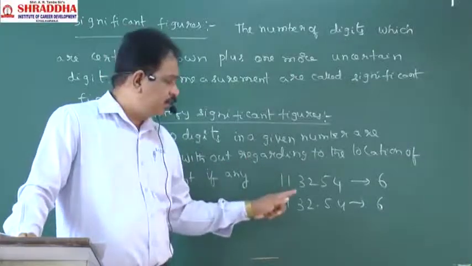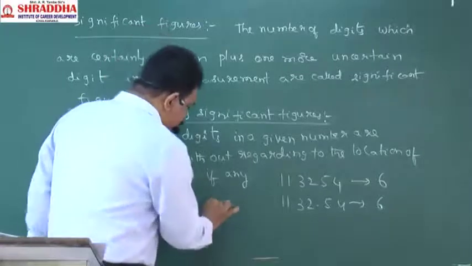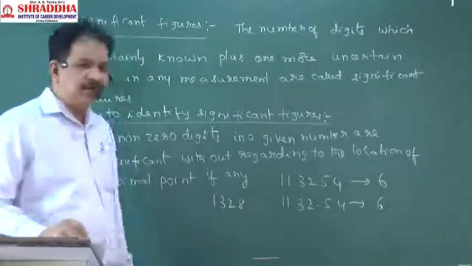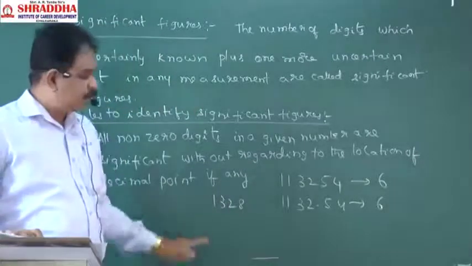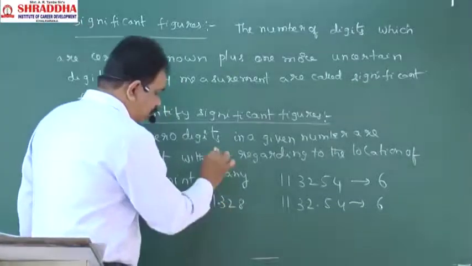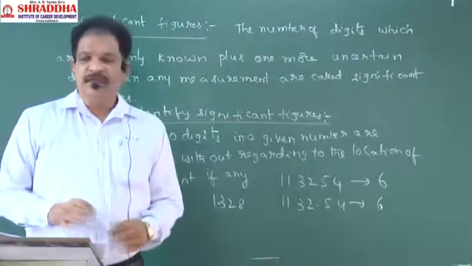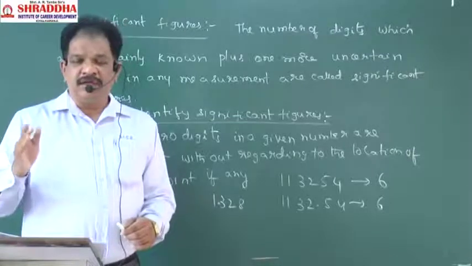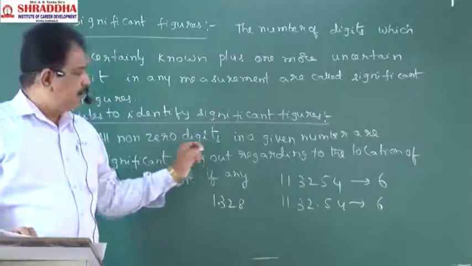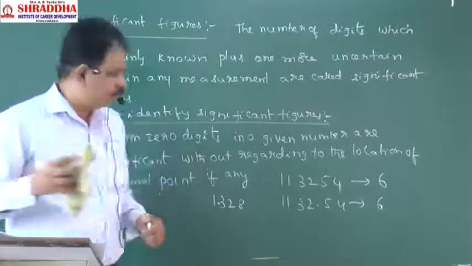All non-zero digits will be significant. For example, 1328 has how many significant figures? 4. 1.328, how many is it having? 4. Clear? Without regard to the location of the decimal point, all non-zero digits will be significant. That is the first rule.